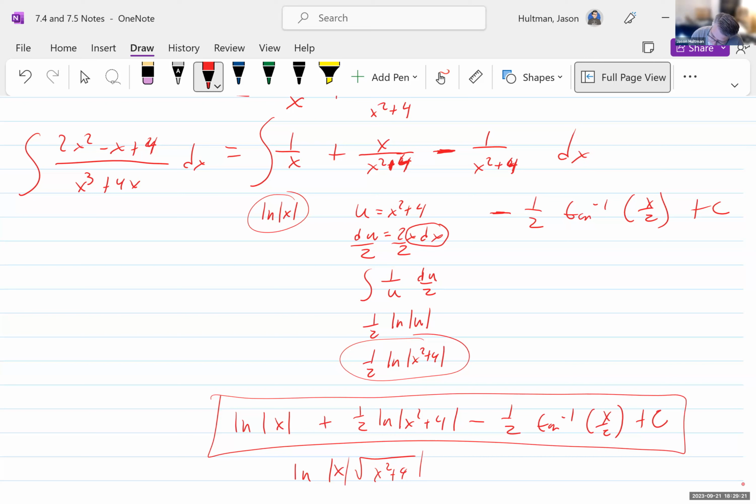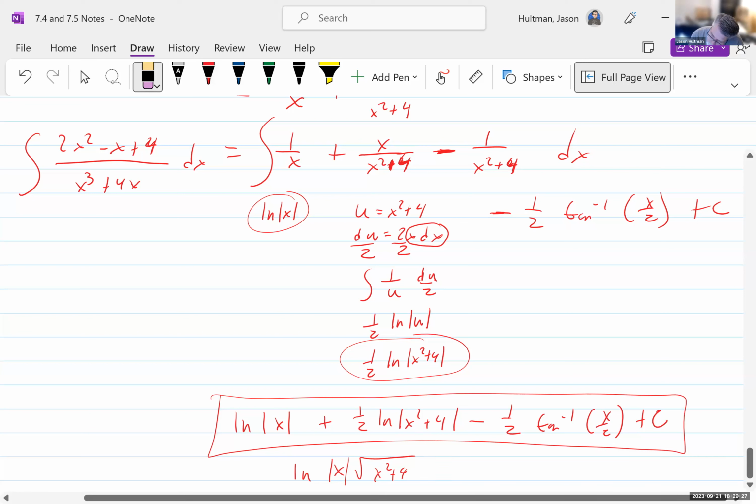I could get rid of the absolute value when I square root it, because it has to be positive anyway. Okay, and then minus 1/2 inverse tangent of x/2 plus c. Okay, so either way, that's fine. Either way is a suitable answer.